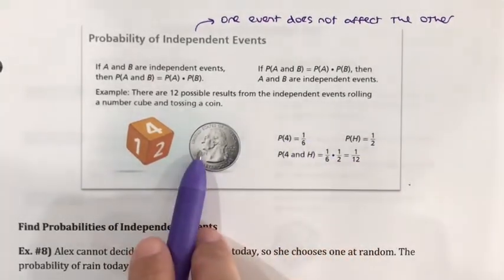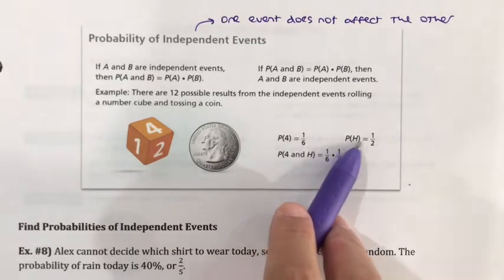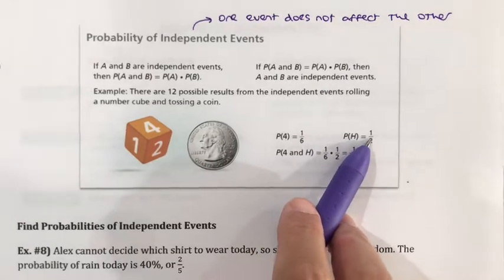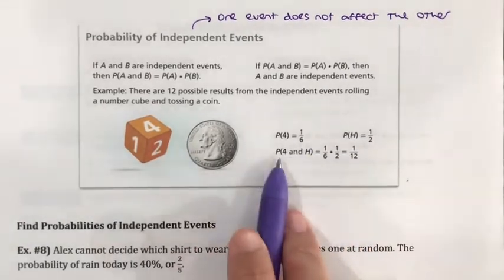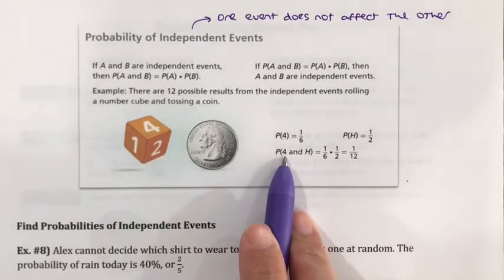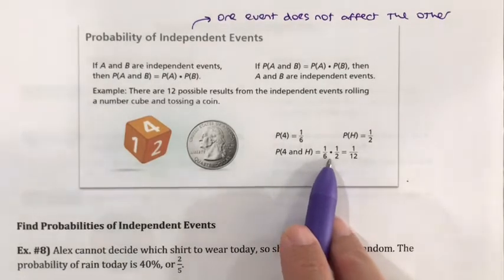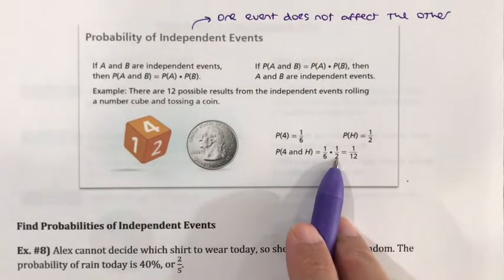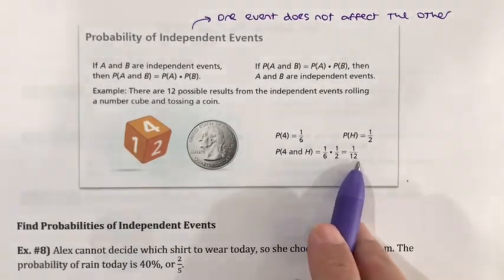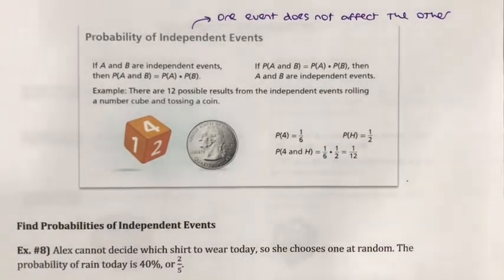And let's say tossing a head would be 1 out of 2. So in order to find the probability of rolling a 4 and landing on heads would be 1/6 times 1/2. We would multiply the two probabilities and we get 1/12.